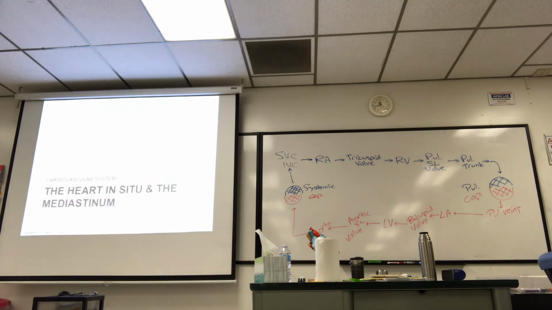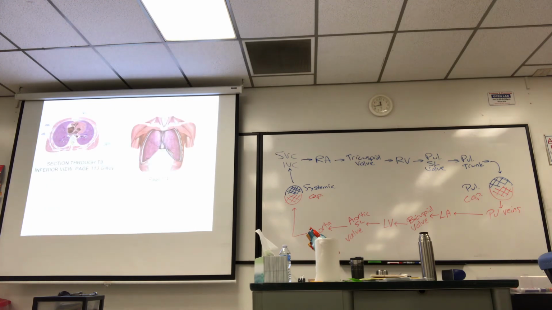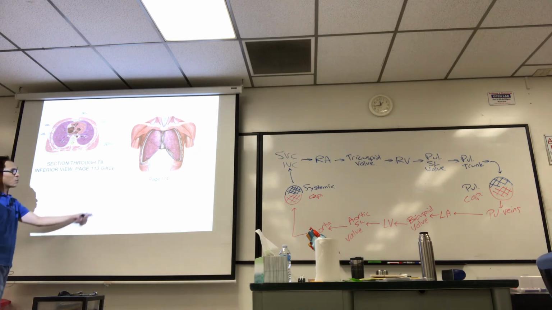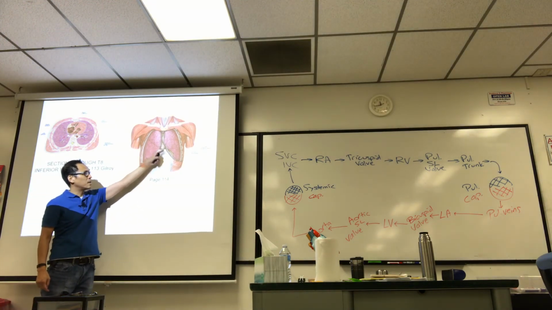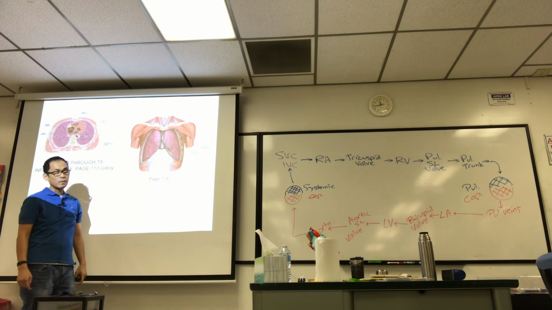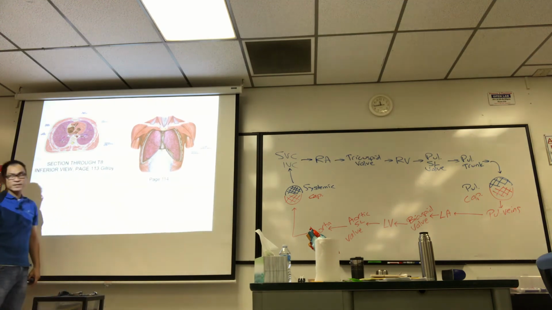Well, some other details. I want you to know how the heart sits in the chest. It's in the mediastinum. That's the name of the body cavity. Here's a couple of pictures to help us with that. If you remove the chest wall, most people expect to see a bleeding heart, but this is more typical of what I see. You kind of have to move the lungs aside. You can barely see just a bit of the fibrous pericardium. The lungs occupy most of the space in the thoracic cavity.